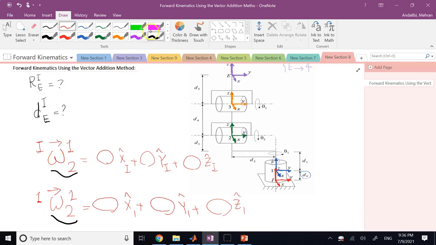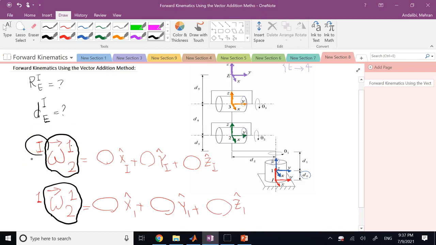So this is a free vector. I can write it along the axis of any frame that I desire. I'm just trying to tell you the meaning of these subscripts and superscripts. So this is the new frame with respect to the old frame, and this is the reference frame.